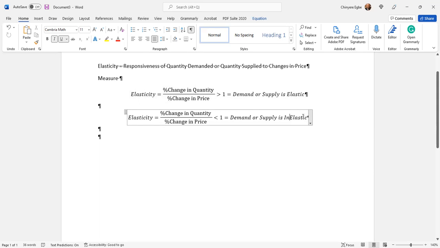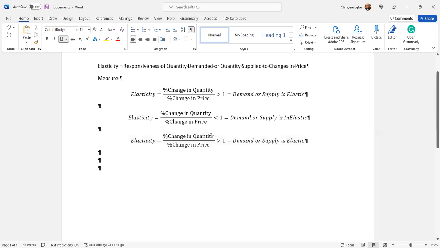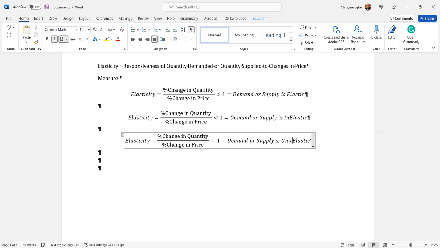Is that clear? Yeah. Okay. So now, if percentage change in quantity over percentage change in price is equal to 1, that means demand is unit elastic.